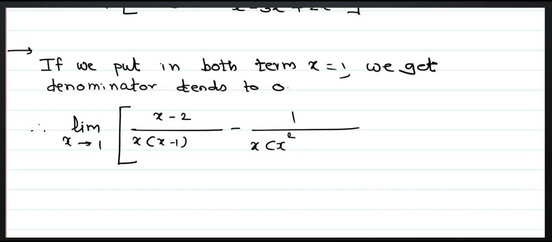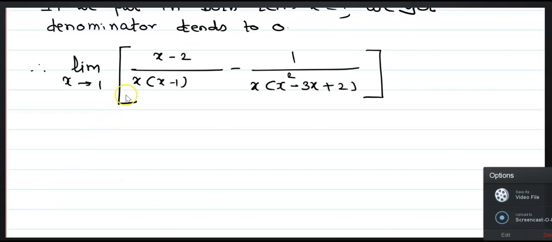Therefore, we are taking x common from the first denominator, and from the second denominator we are taking x as common. Now factorize this x square minus 3x plus 2. What are the factors? In first bracket x minus 2 into second bracket x minus 1.